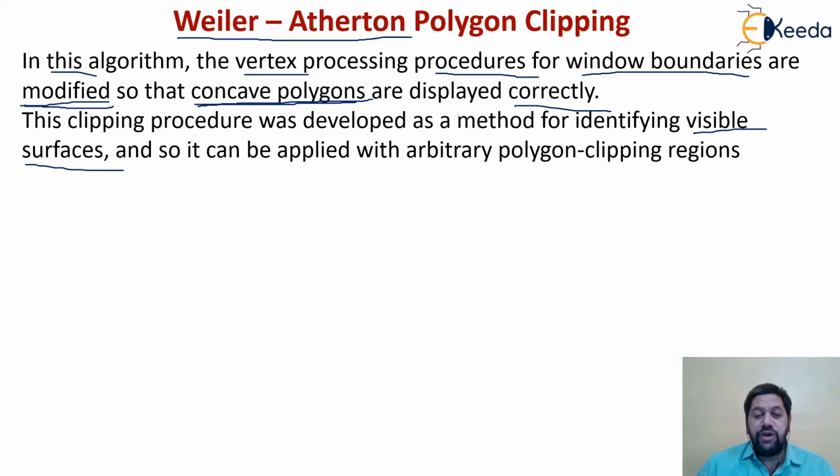It can be applied to arbitrary polygon clipping regions, and it is also applicable to finding the visible surfaces of polygons, or which are the invisible surfaces, when more than one object is displayed in my picture. So this is the method that we are using. Continuing our discussion.